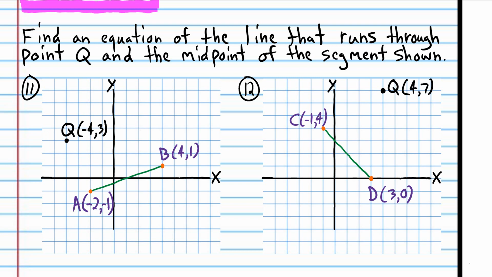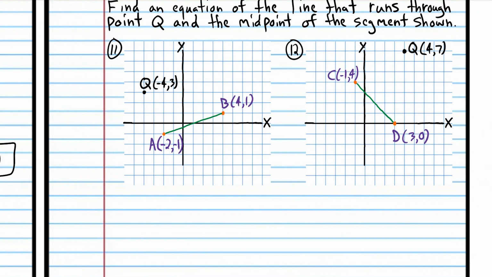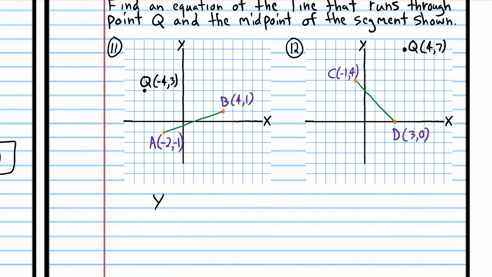Now, the line says that we're going to run through the midpoint of this segment, so our line is going to look something like this. And if we can find that midpoint, then we'll have 2 points. And if we have 2 points, we can find the slope using our equation y2 minus y1 over x2 minus x1.